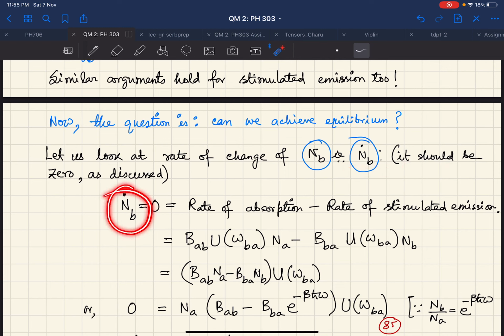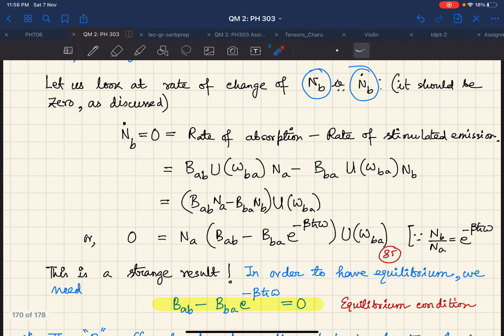Now what is N_B dot? I know that I have to have it equal to 0 at equilibrium, but N_B dot is also nothing but the rate of absorption minus the rate of stimulated emission. And you already have obtained the results of rate of absorption and rate of stimulated emission.